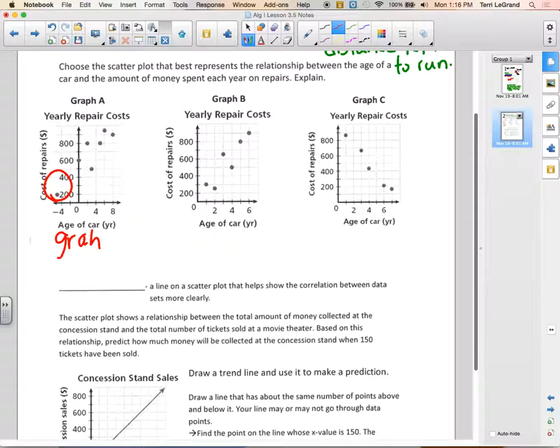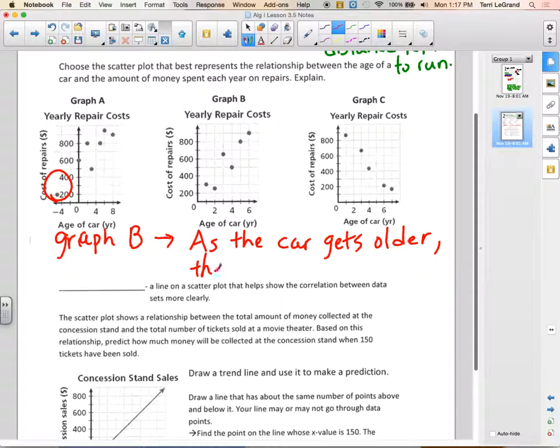Maybe it'd be good if I could spell. Okay, graph B. And our reason is, as the car gets older, the cost of repairs increases.